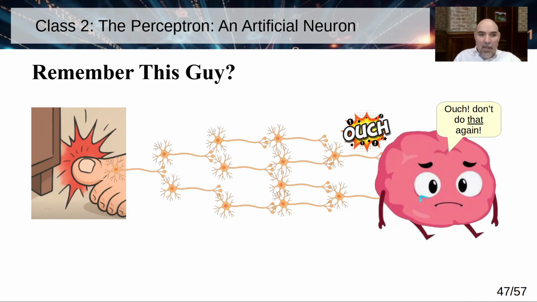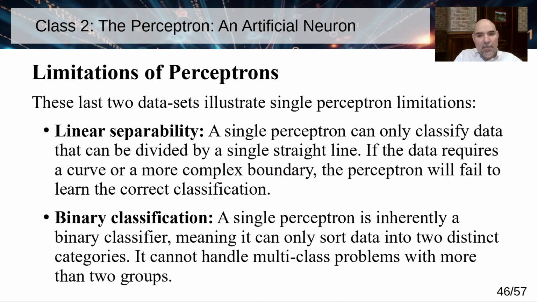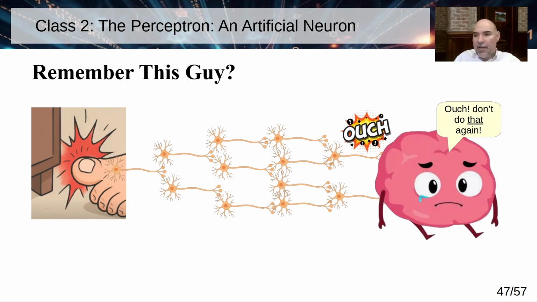All right, so rewinding back, we had this limitation of a single perceptron. What if we want to do something more complicated? Well, that's where we get back to this concept of a network. By adding neurons together in groups, we can get around that simplicity of just having too few knobs to do complex things.